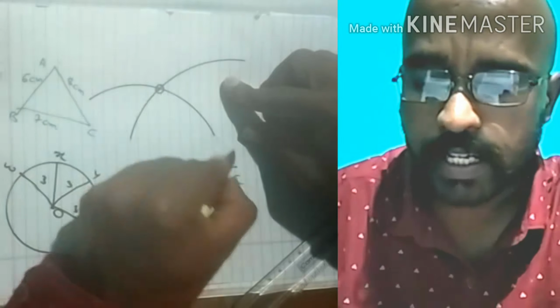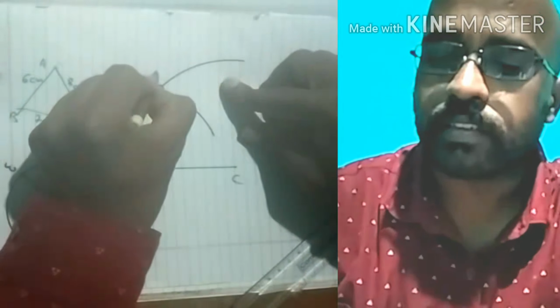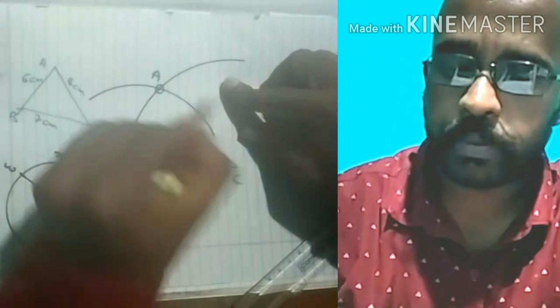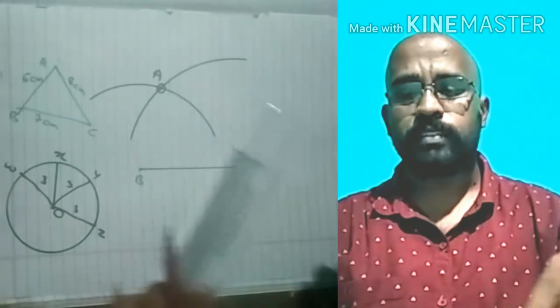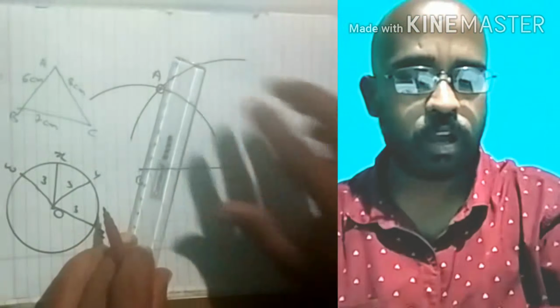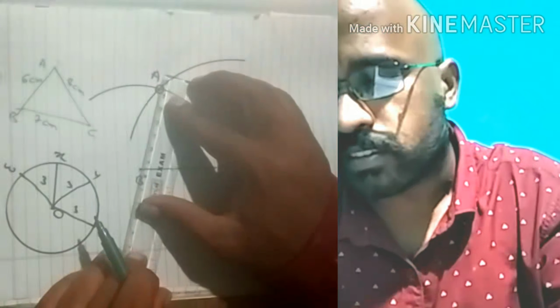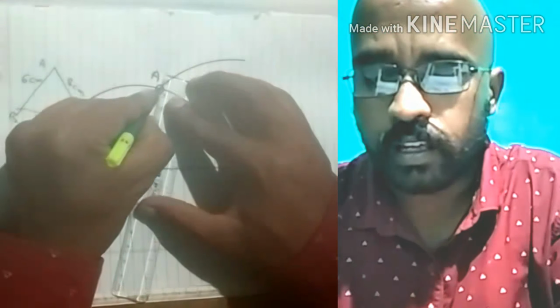This point is 8 centimeter away from C because it is on this arc. Means this is the point A which is 6 centimeter away from B and 8 centimeter away from C. So this is how we can draw a triangle if all its three sides are given.